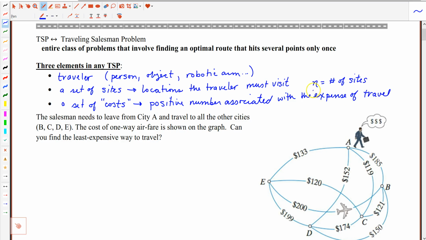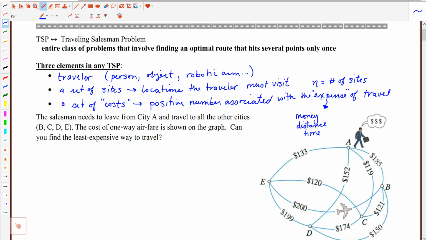Now, again, I'm going to put expense and costs in quotes, because the thing that we might be tracking for the travel could be money, or it could be distance, or perhaps it's time.